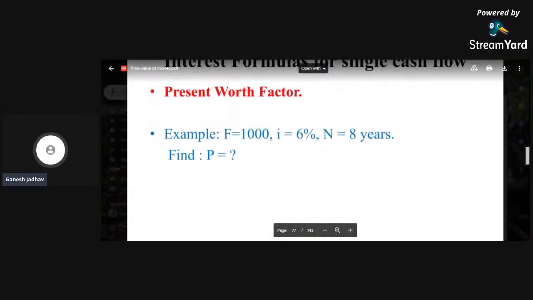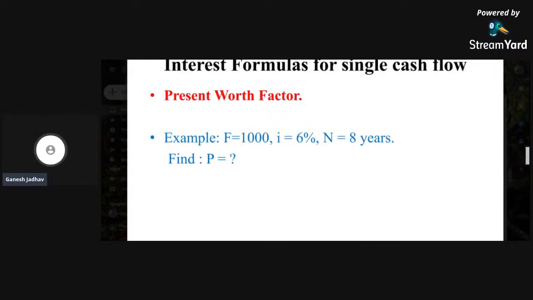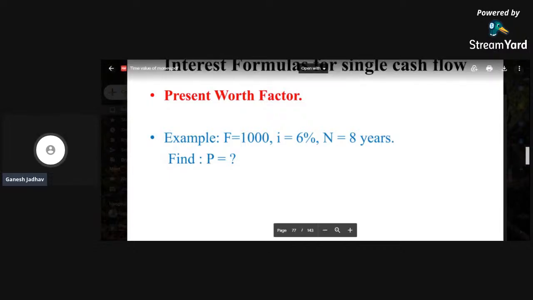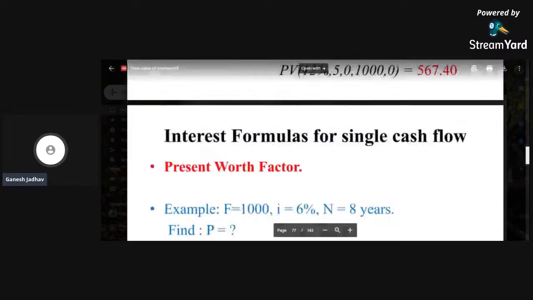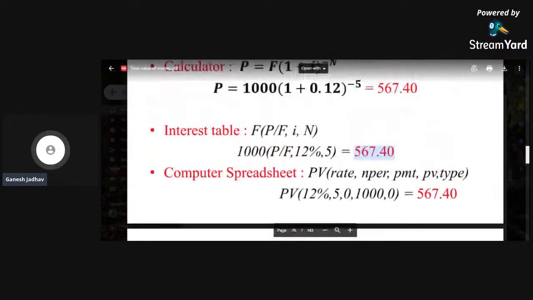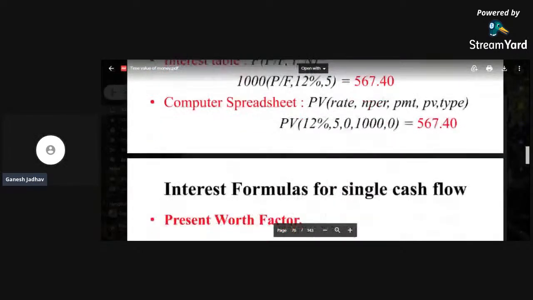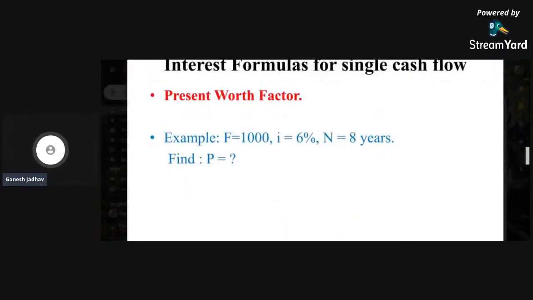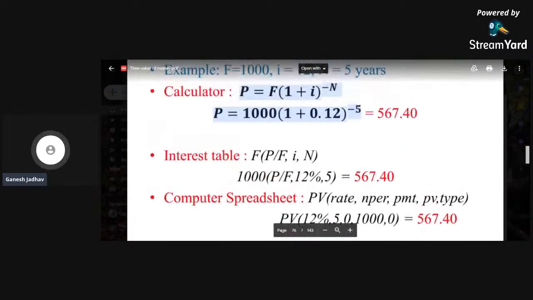And this is a simple example: F is equal to 1000, i is equal to 6%, n is equal to 8 years, and P is equal to what? You have to calculate P by using this formula, P is equal to F in bracket 1 plus i raised to minus n.